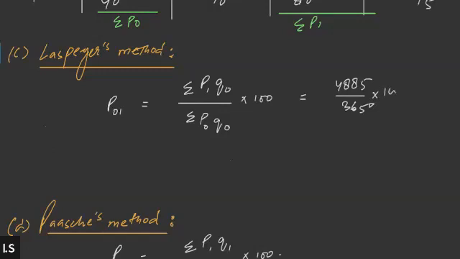Multiply with 100. Tell me the value. 4885 divided by 3650 into 100. It should be 133.83. This is the answer as per Laspeyres method.